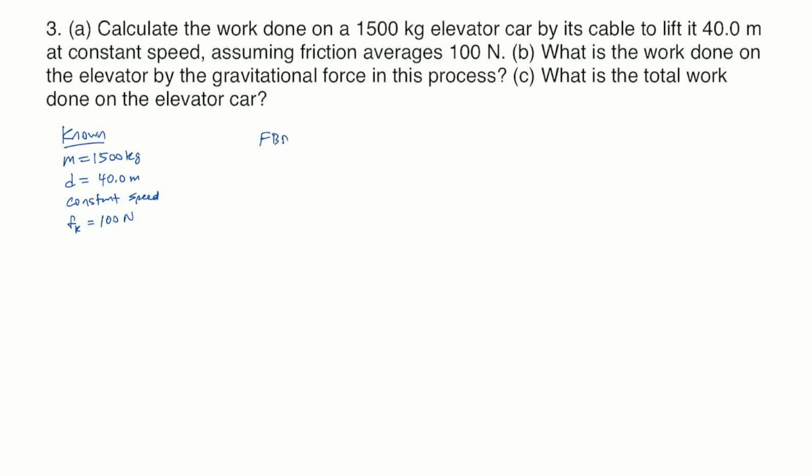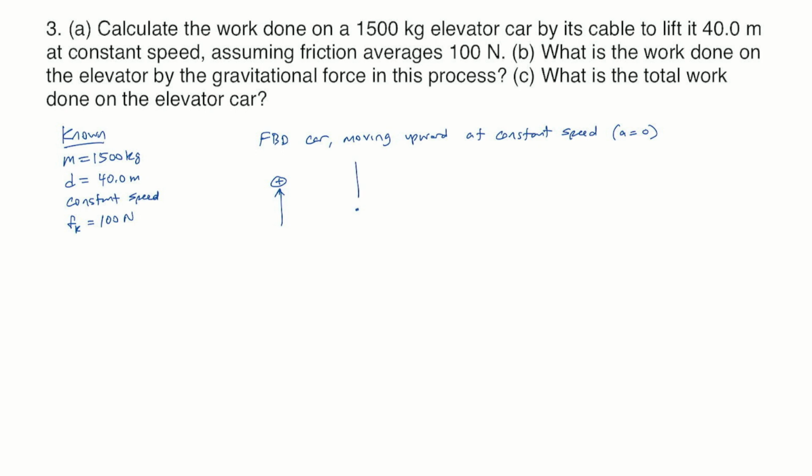Okay, so let's draw a free body diagram for the car, and it's moving upward at constant speed. That means the acceleration is 0. We'll define up to be positive.